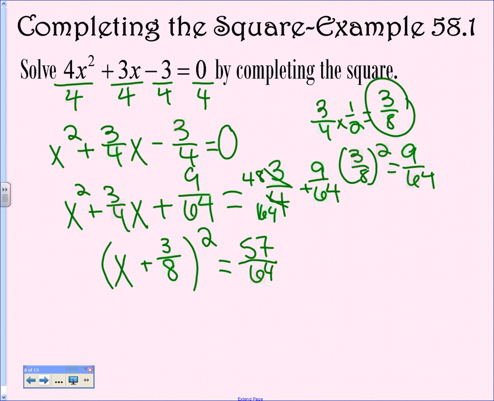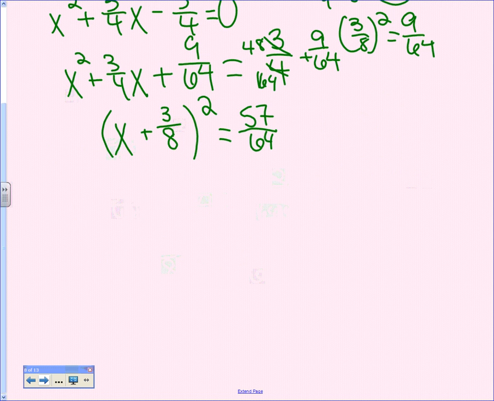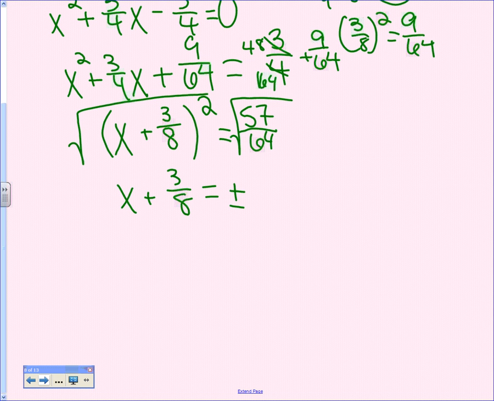Now we're going to take the square root. On the left side, what do we have? X plus 3 over 8 equals plus or minus. Do we know the square root of 57? So we leave it as the square root of 57. What is the square root of 64?